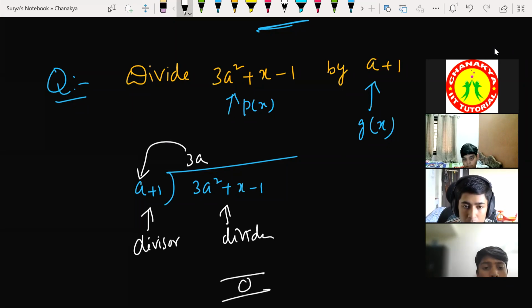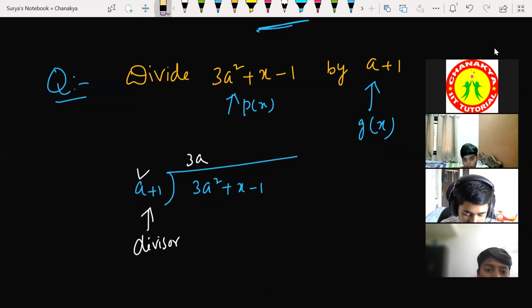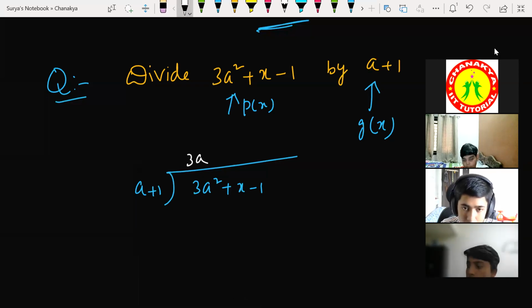Down below, I'll be getting the remainder. I'll be getting the quotient here. For getting the quotient, with what term am I supposed to multiply the first term of the divisor so that I'll get 3a square? Of course, 3a.